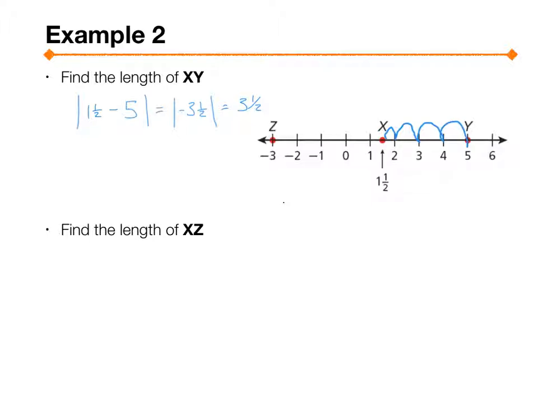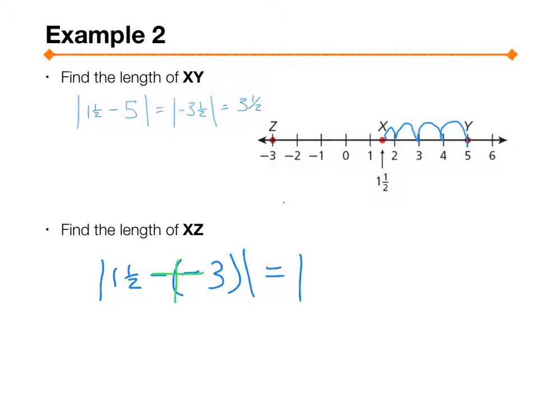Find the length of XZ. What's X? 1.5. Minus Z, -3. Absolute value. 1/2. This would become +3.